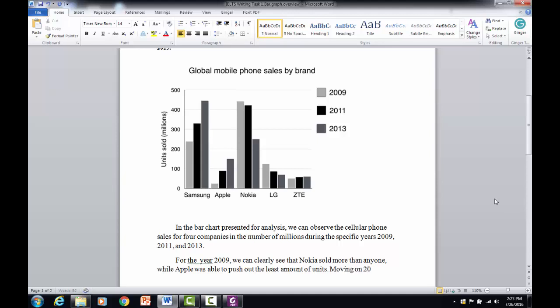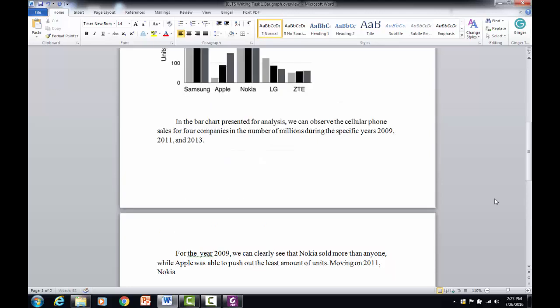Moving on to 2011. In 2011, Nokia is still at the top. Nokia still occupies the top sales spot.